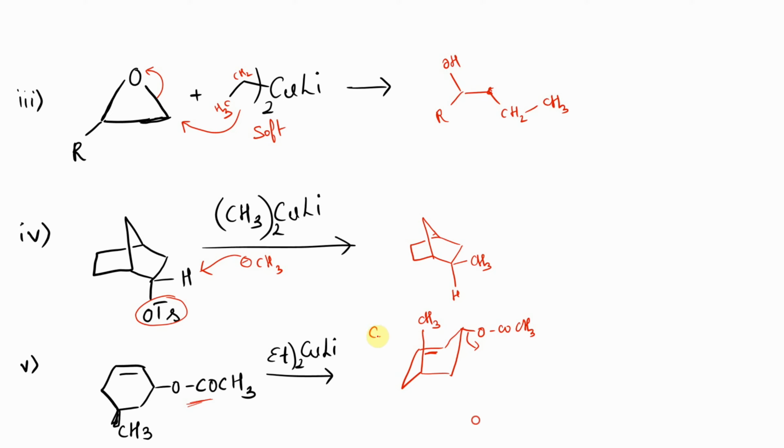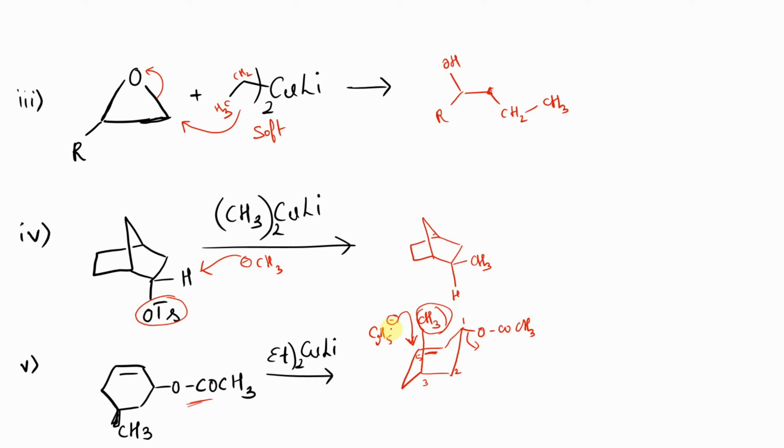So if you consider C2H5 attacking from this side, if it tries to attack from the axial position, because of the presence of the CH3 group in the axial position of the third carbon, so this is first, second and third if we name it like this, if it attacks the fifth carbon in the axial direction, it will experience some steric hindrance.